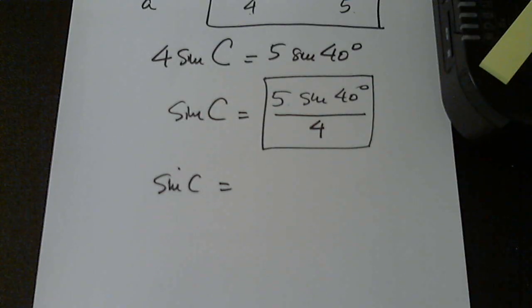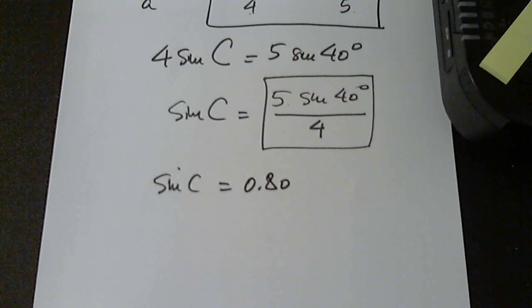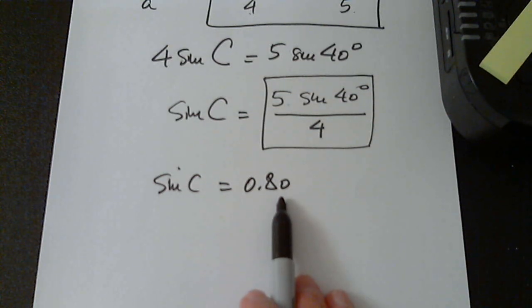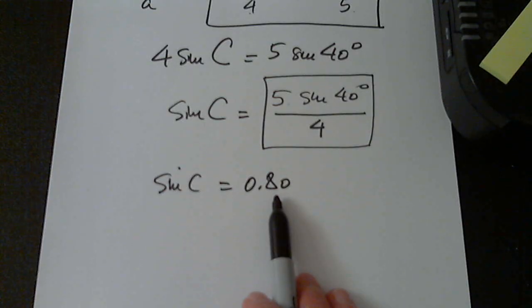Remember the mode has to be in degrees because we are using degrees. 5 sine 40 divided by 4. And the number was 0.80. Awesome. Is it possible? Can sine of an angle be 0.80? Yes or no?